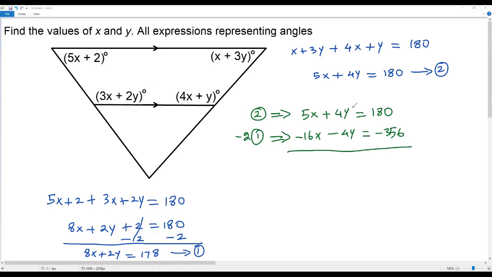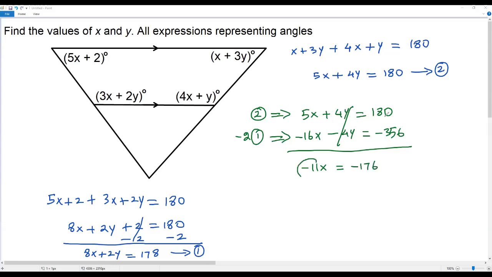Okay, so now this positive 4y and negative 4y will cancel out. So when I combine 5x and negative 16x, I am getting negative 11x. So when I combine this 180 and negative 356, I am getting negative 176.